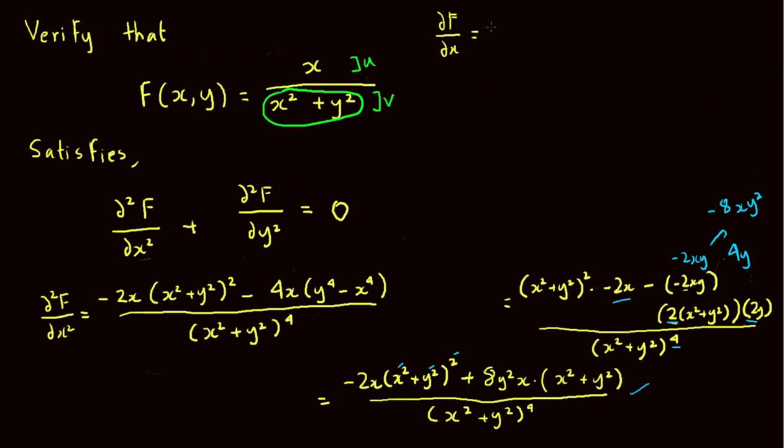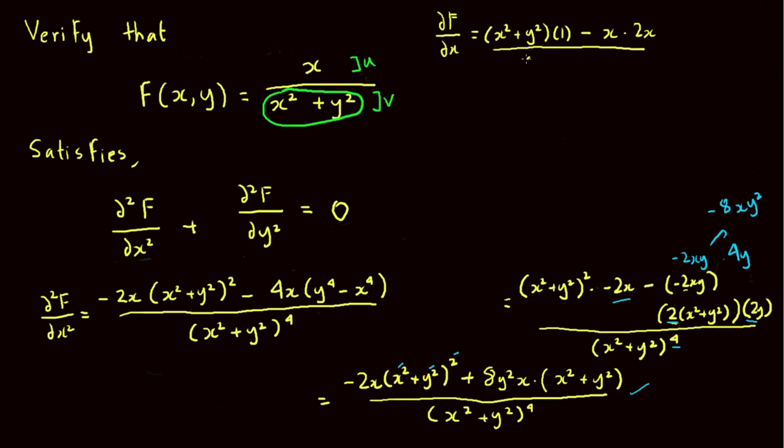So it is v del u del x minus u del v del x, so it's just times 2x, over v squared.